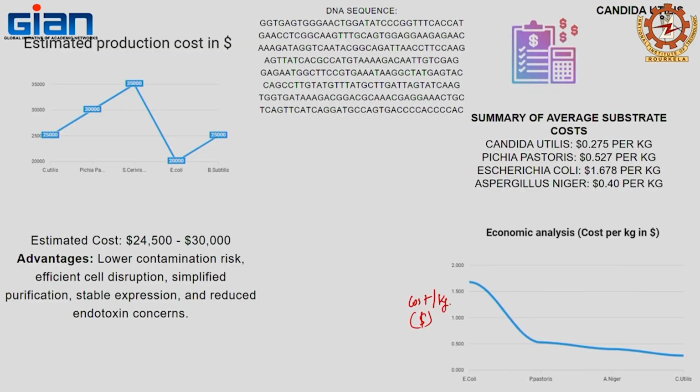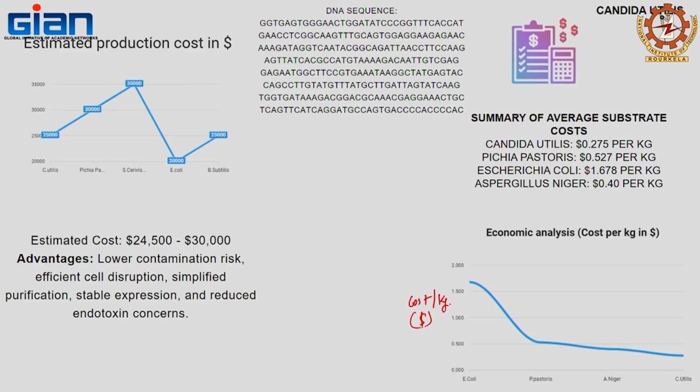And when compared to the others, it does not produce any kind of endotoxin, which may act as an inhibitor during the production process. Its endotoxin production is significantly low. It is almost zero.